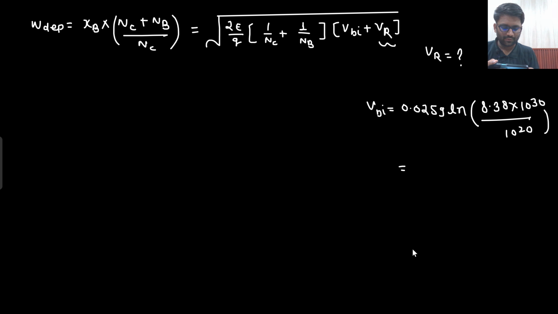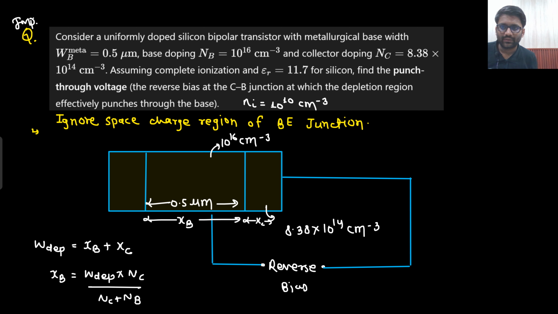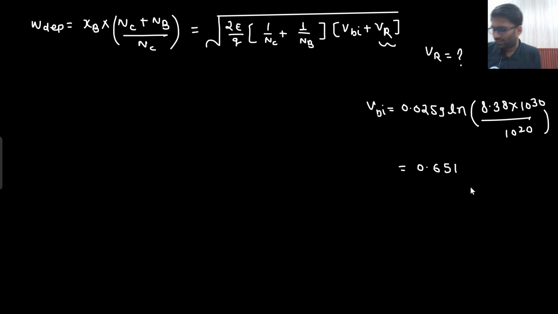Into 0.0259, so 0.651. Did I do the calculation right? 8.38 it was, 20 it was, okay. So 0.6514 volt. I hope you are understanding this equation.